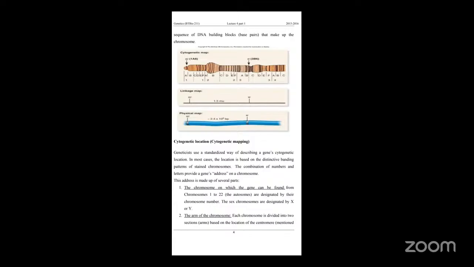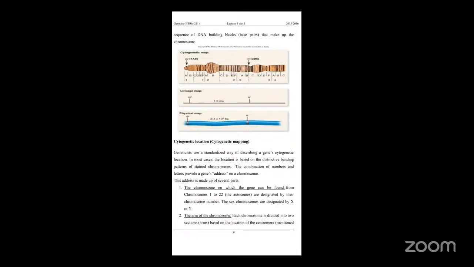What is that rule? You all know we have 22 pairs of autosomes and one pair of sex chromosomes, the allosomes. So first you have to find the chromosome, 1 to 22, designated by the chromosome number. The sex chromosomes are designated as X and Y. This is one thing we should know.